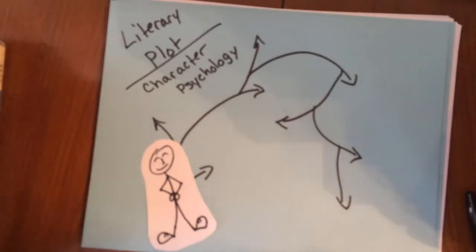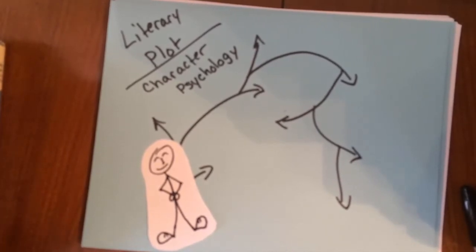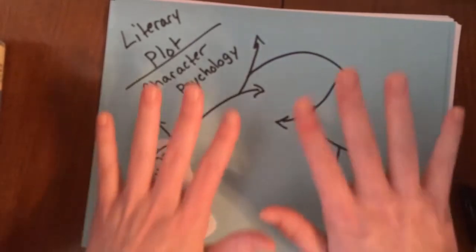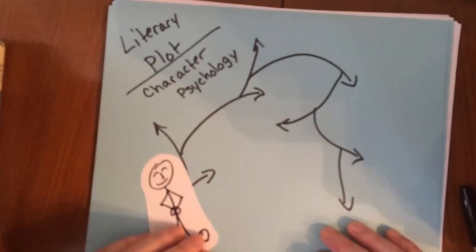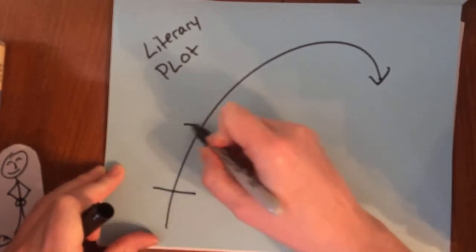So think about these two different plot structures, and your assignment is to take an episode of popular television or a popular film or a popular book or even comic book, and I want you to do what I did here and plot the plot line. Show me what that plot looks like. Draw it out and then mark it along the way.